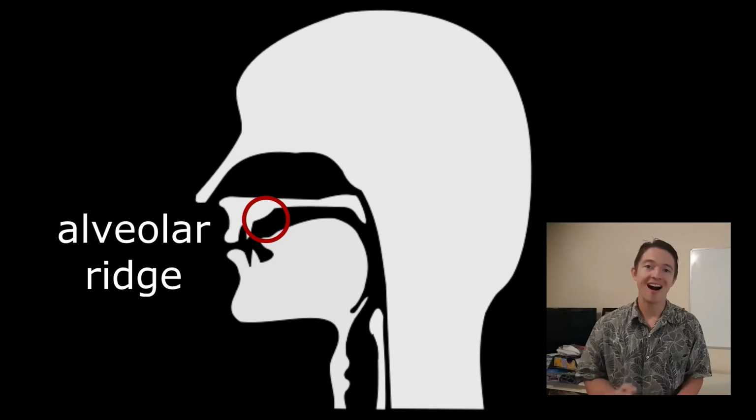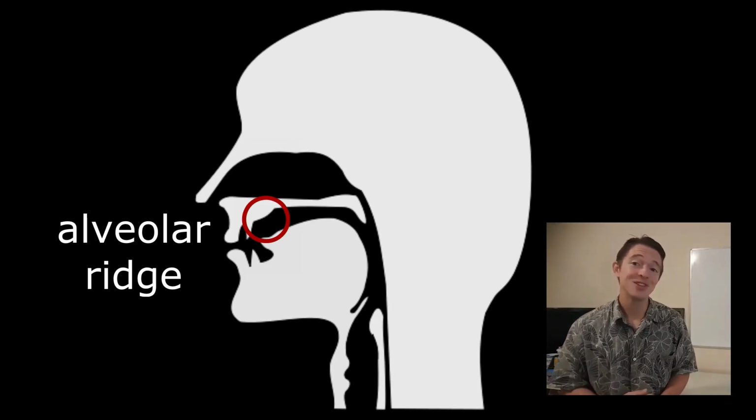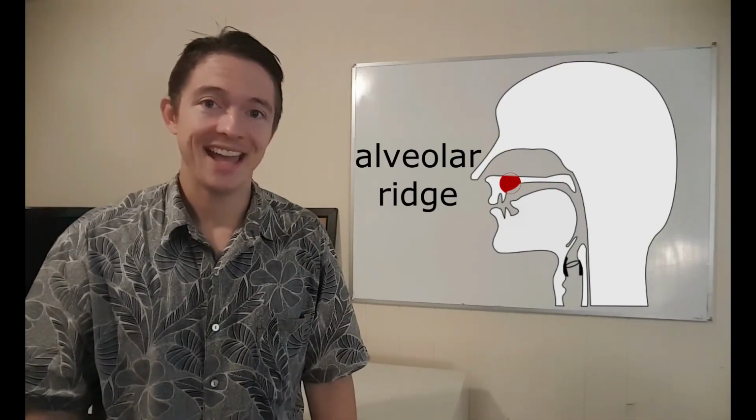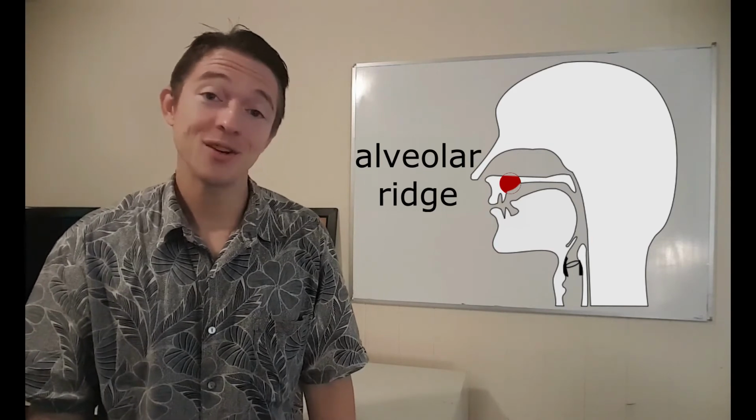There's also a hard, rough part on the top of the inside of your mouth. We call that the alveolar ridge. Go ahead and touch it with your finger.